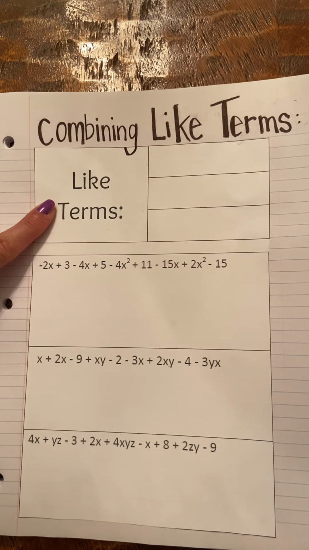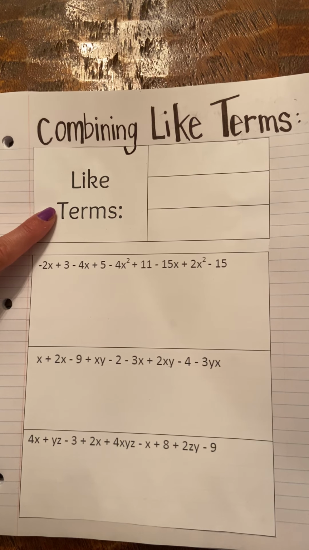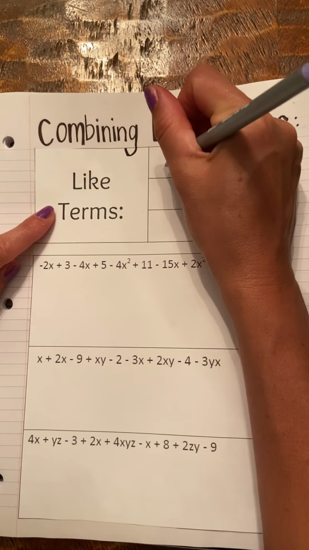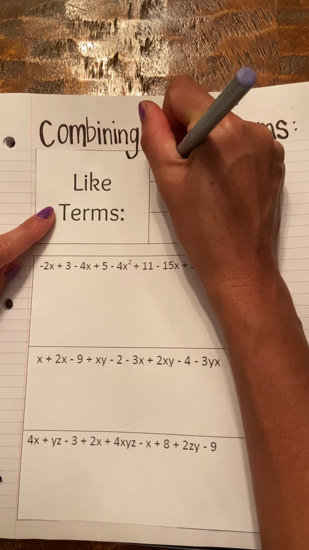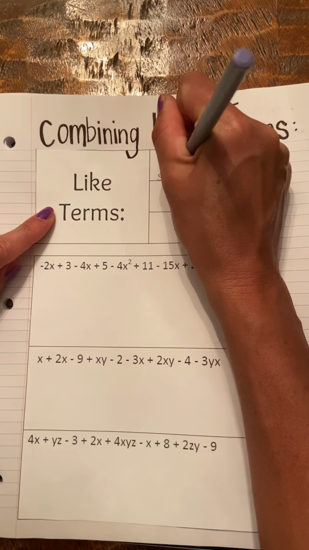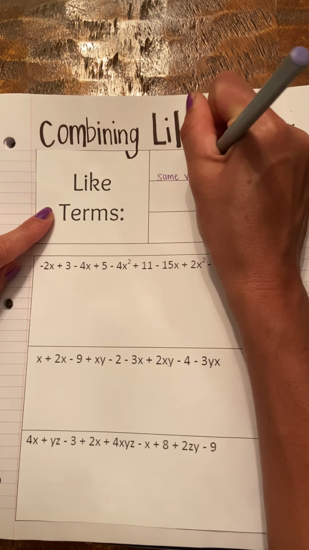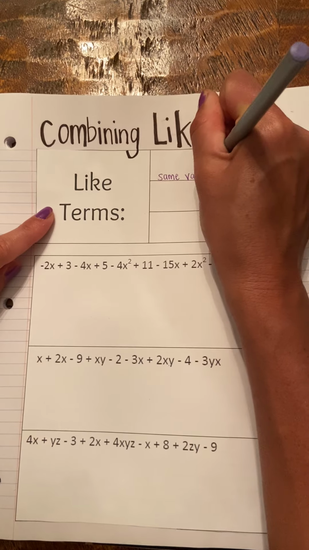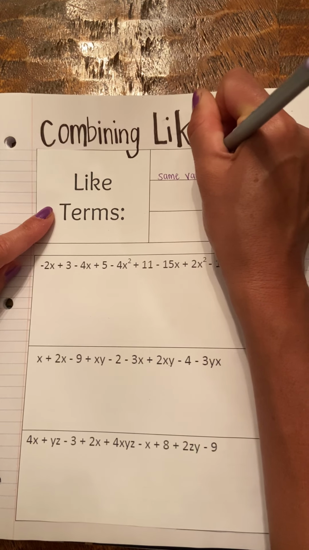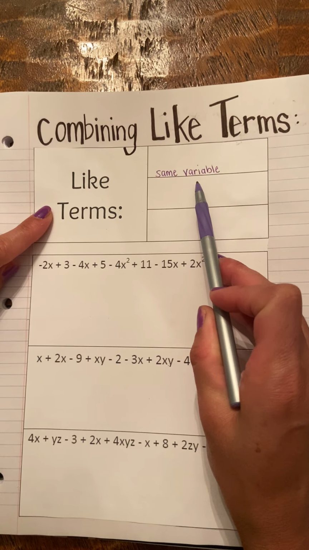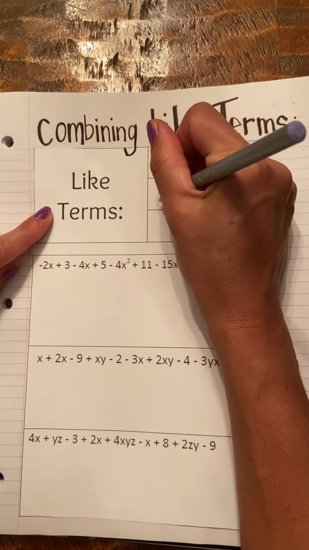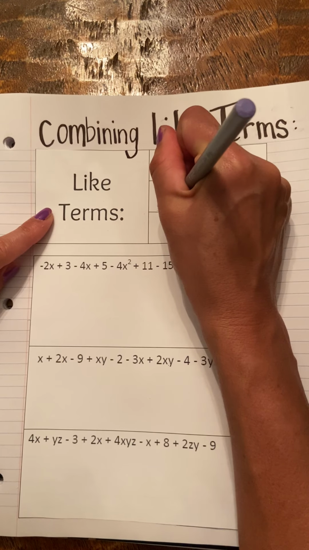So like terms. We just reviewed that like terms need to have the same variable. If they have the same variable, you also need to make sure they have the same exponent.